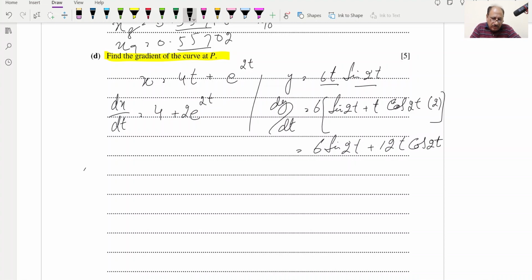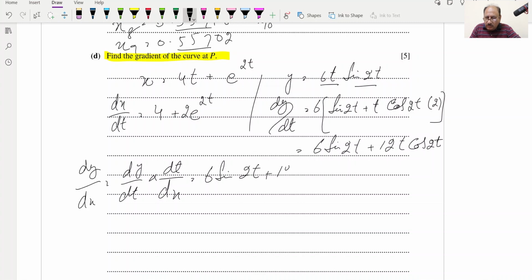Now we can write the chain rule, dy by dx will be equal to dy by dt into dt over dx, and this will be equal to dy over dt, which is 6 sine of 2t plus 12t cos of 2t.